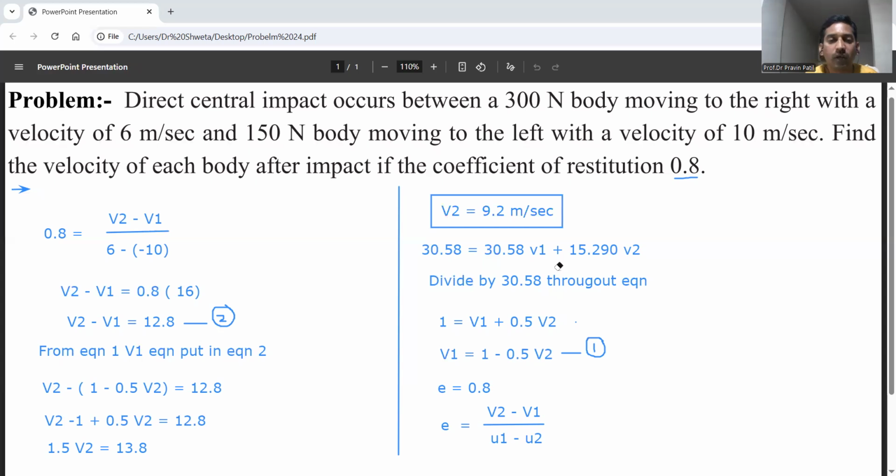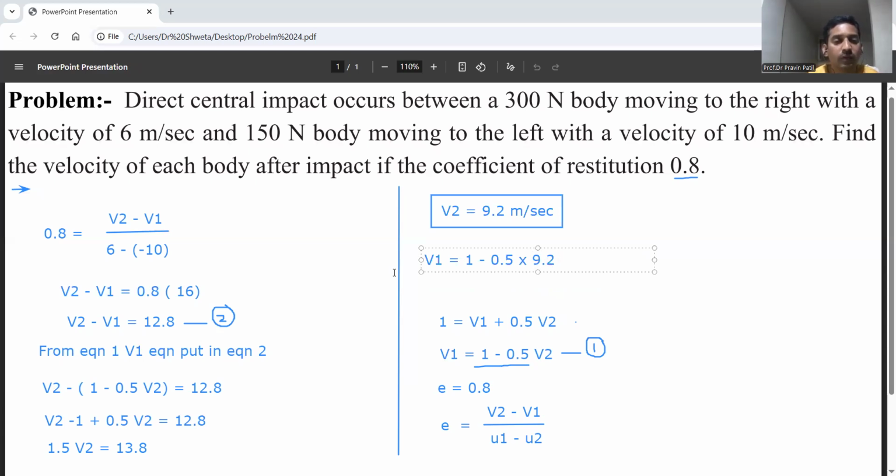Now find V1. For V1, put it in equation number 1. What is equation number 1? V1 is equal to 1 minus 0.5 V2. So V1 is equal to 1 minus 0.5 into 9.2.